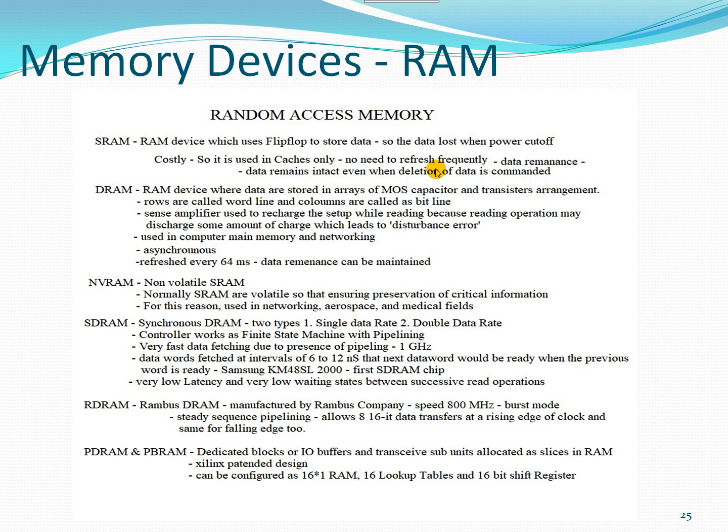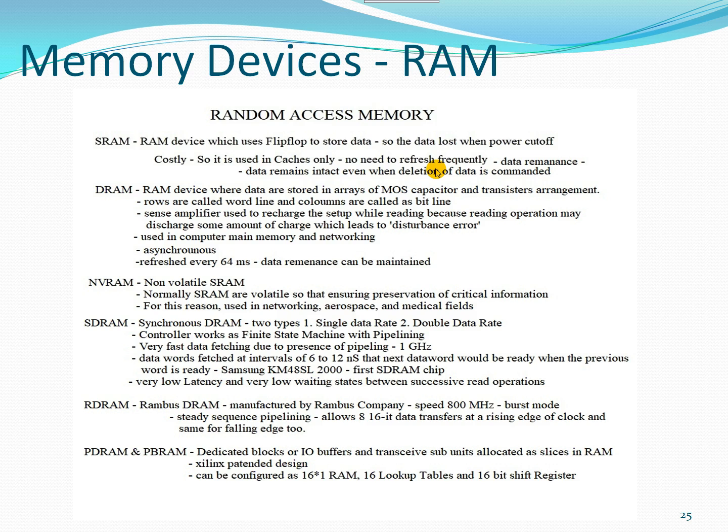So the DRAM is a RAM device where the data is stored in an array of MOS capacitors and transistors. In this arrangement, the rows are called word lines and the columns are called bit lines. In these devices we have sense amplifiers.